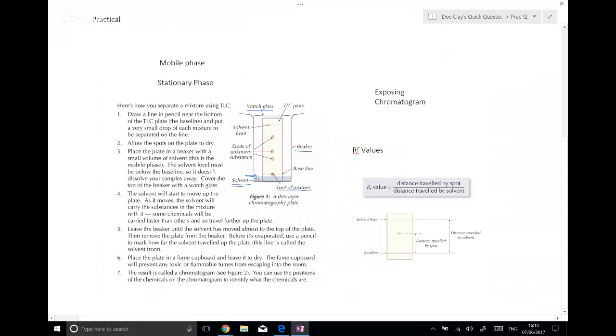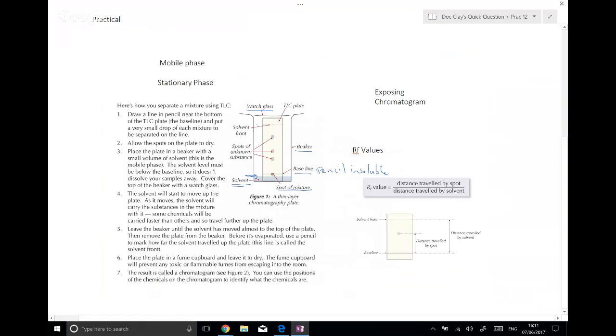We spot a sample of the mixture onto a pencil line, and that uses a pencil line as the baseline, because a pencil, importantly, is going to be insoluble, and therefore it's not going to get dragged up by the solvent. The solvent sits below that pencil line, and that stops any of your substance just dissolving into the solvent.